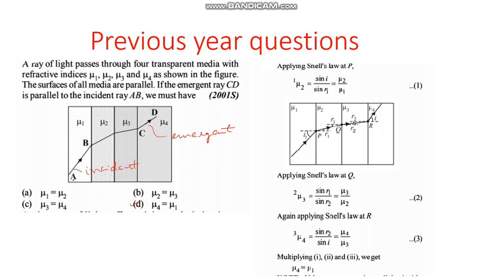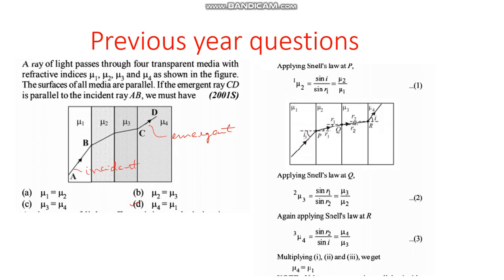If you apply Snell's law for the first ray, what happens? Sin I by sin R1. You have to draw a normal at this point, right? So this is I1 and R1. So sine of I1 divided by sine of R1 is equal to mu2 by mu1.